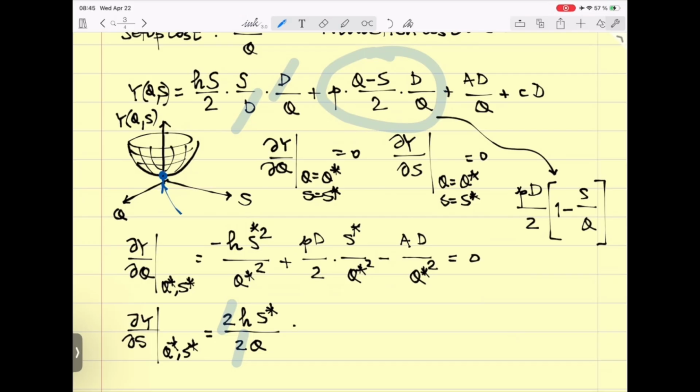Plus, or minus, better said, PD divided by 2 times Q star, plus 0 plus 0.